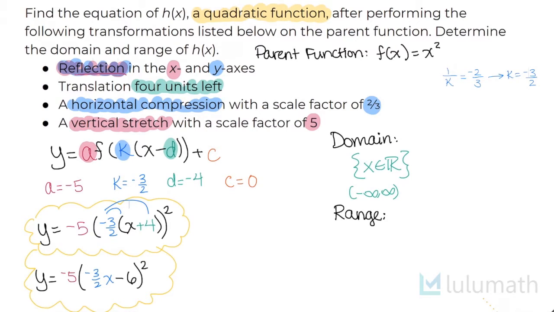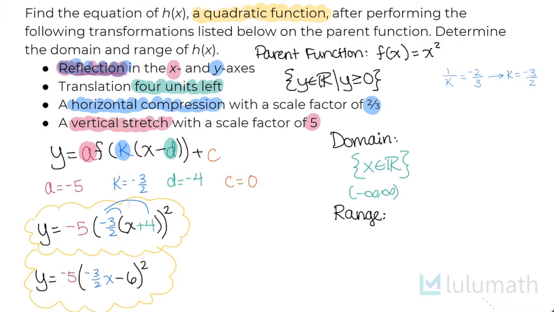Now the range of the parent graph is y is an element of the reals such that y is greater than or equal to 0. But we have a reflection in the x-axis, so now our graph has flipped over. So it no longer is going to be greater than or equal to, it is now going to be less than or equal to. Also, our graph is greater than or equal to 0 because our vertex is at 0, 0.